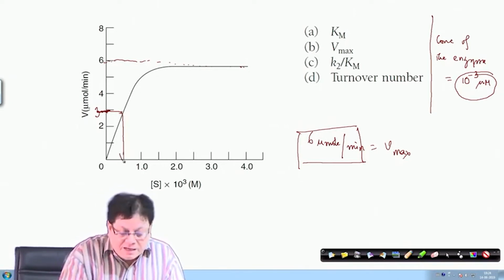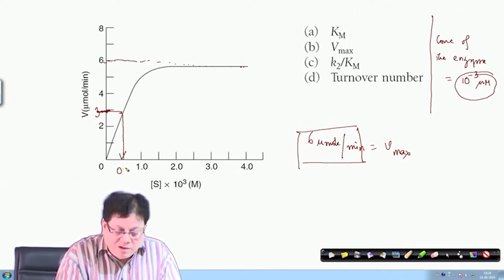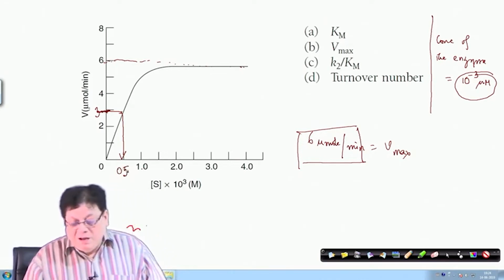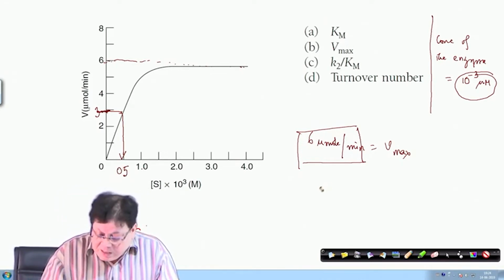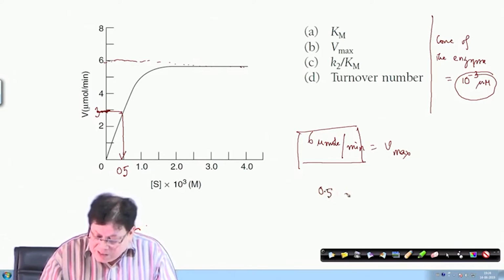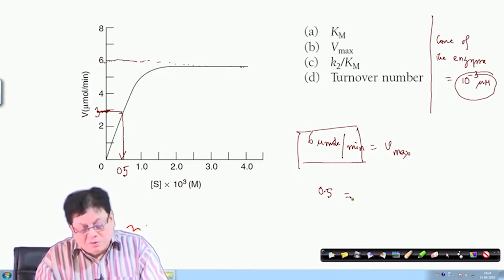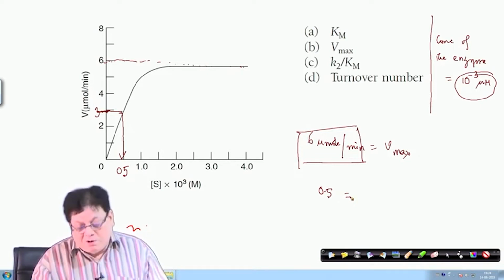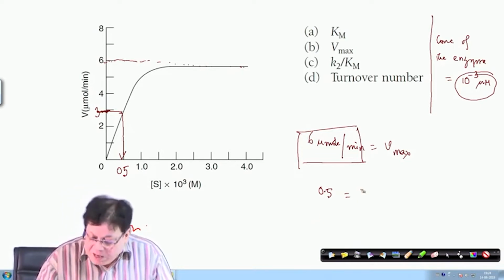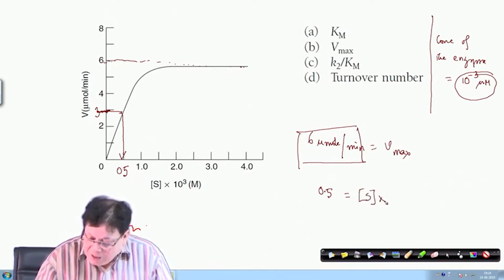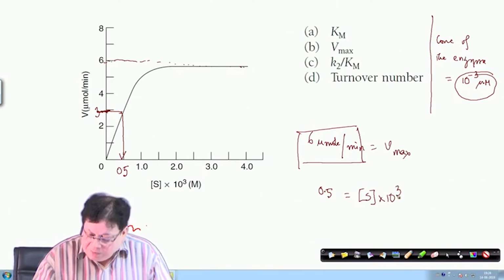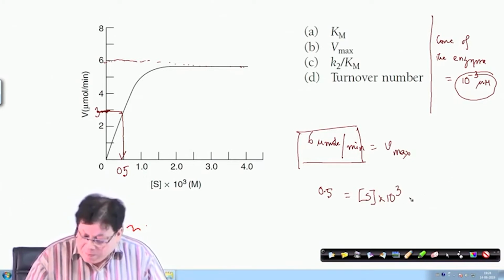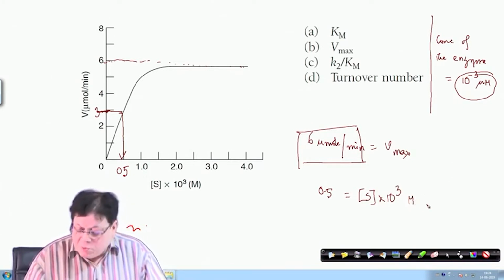The value on the x axis I see is 0.5. But remember one thing, this axis represents substrate concentration multiplied by 10 to the power 3. So, this 0.5 is equal to the actual substrate concentration into 10 to the power 3, in molarity.